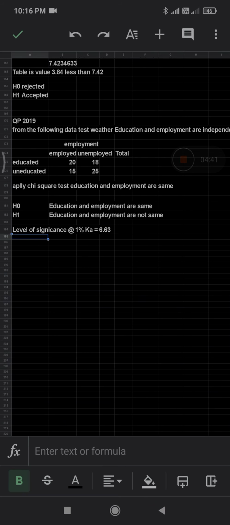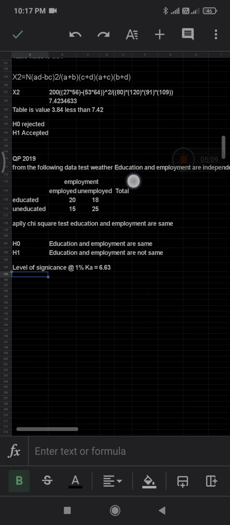Now we know the level of significance is 1%, and the chi-square test is always upper tail. The degrees of freedom will always be 1, and we should test at the level of significance at the upper tail.